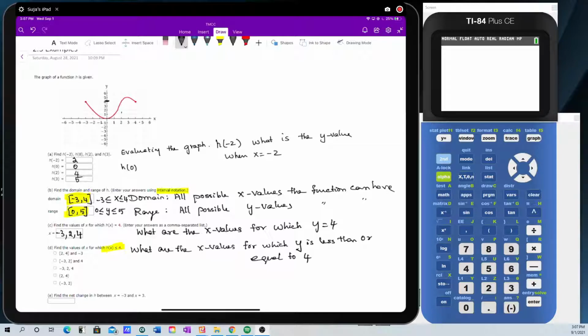Now I know that less than or equal to, so I know that I can have this x value, which is -3. Then anything below that, all these points are less than that. So you can have all these x values up to this point, which is still here. So I need to list all these x values. So one way of doing it is saying bracket -3 comma 2 bracket. But then there is one more point that it can have, which is 4. So say and 4. So if you look at that, this would be the answer for that.